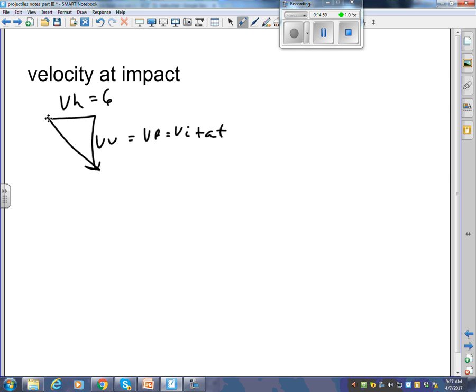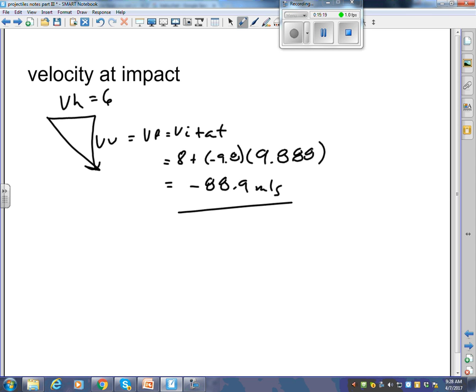The initial vertical component was 8 plus minus 9.8 times that total time. Is it 9.888? I think so. Am I right? 8 plus negative 9.8 times 9.888 is minus 88.9. It's going pretty fast straight down, meters per second.